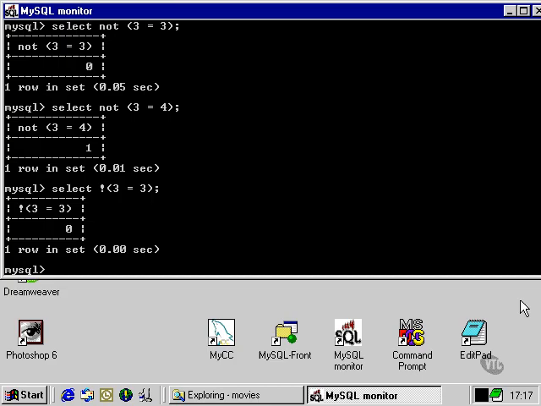Let's have a look at a simple example of the way these operators can work.